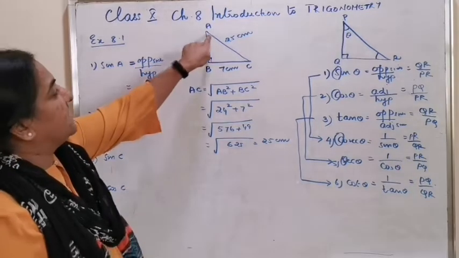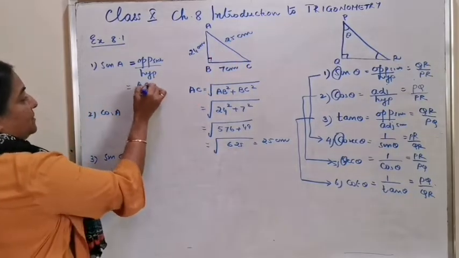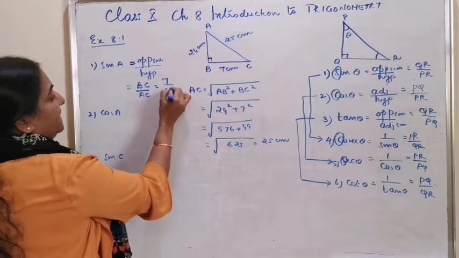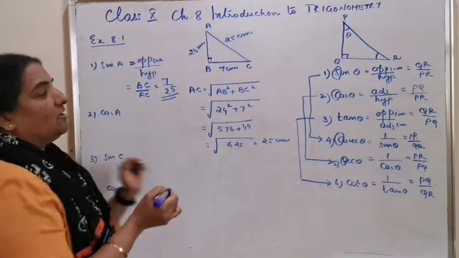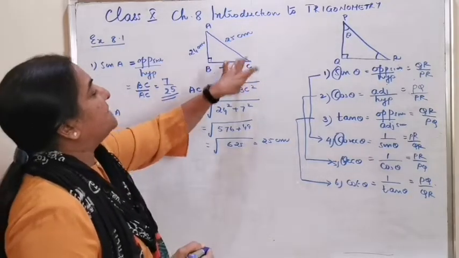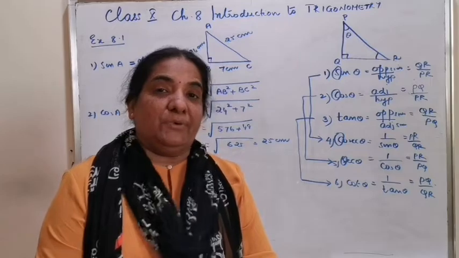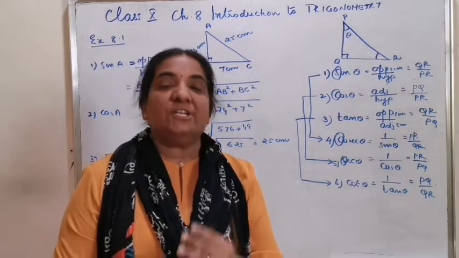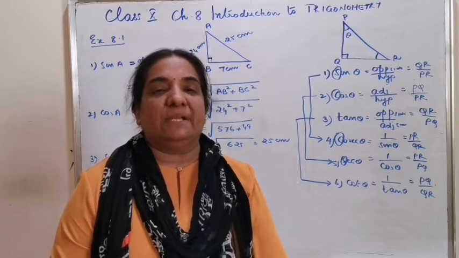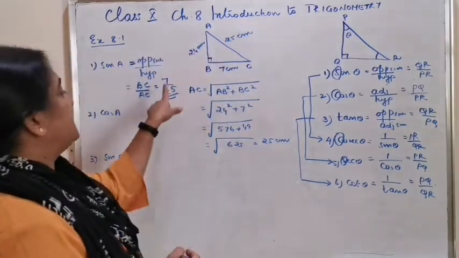The opposite side of angle A is BC by AC, hypotenuse, or the value is 7 by 25. You will not write the centimeter since it is a ratio. Centimeter by centimeter, the comparison should always be with the same units. If any of the units is different, you should convert, but here all three units are centimeter, and so the ratio is 7 by 25.